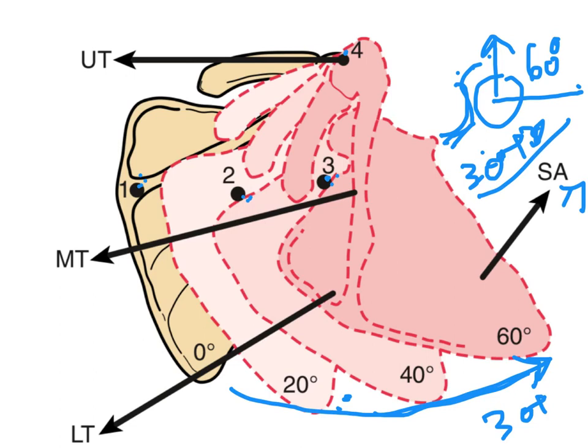Okay, so these are the two phases. In the first phase, the movement takes place at the SC joint with the elevation. In the second phase, the remaining 30 degrees of upward rotation of the scapula takes place by the posterior rotation of the clavicle.